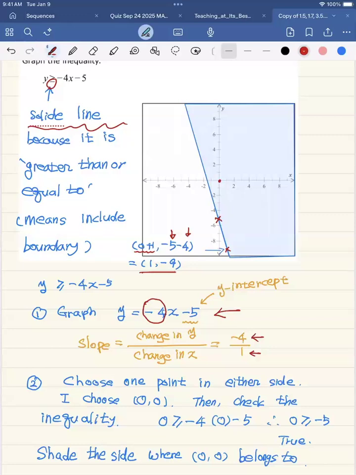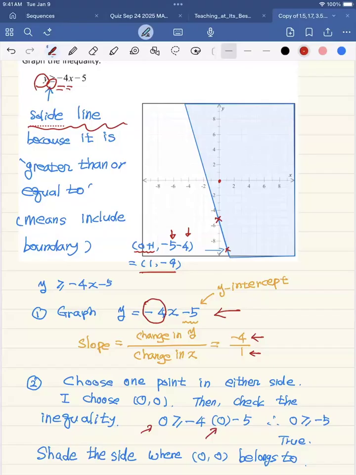So the y value is 0, so I wrote y equals 0 and -4 times 0. So the x value is 0. I plug in 0 here.